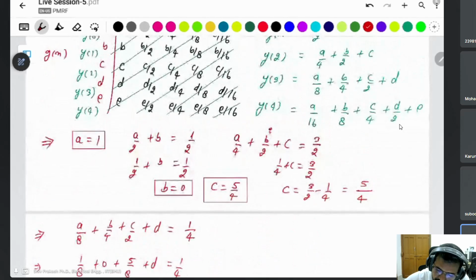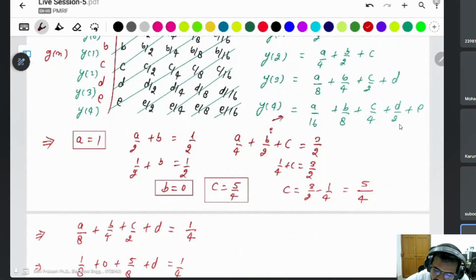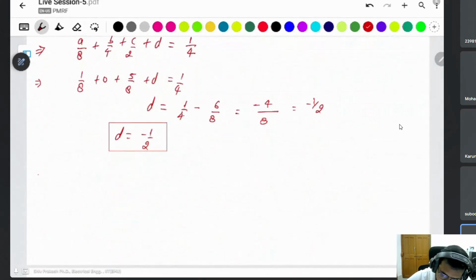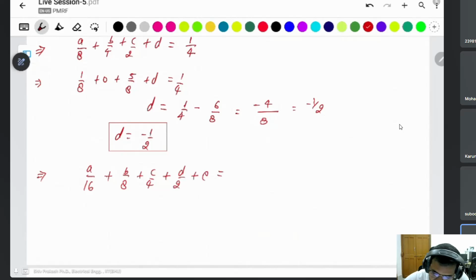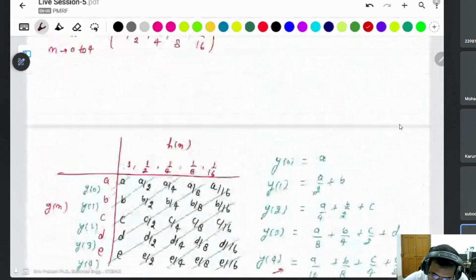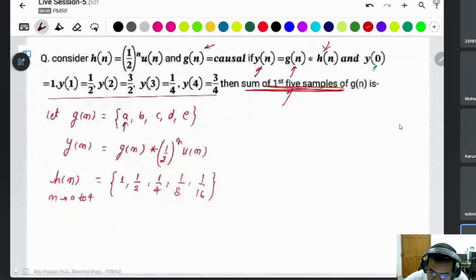Okay. Take the next one, y4. It will be a by 16 plus b by 8 plus c by 4 plus d by 2 plus e. What is y4? y4 is 3 by 4.